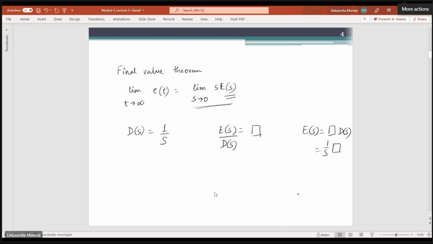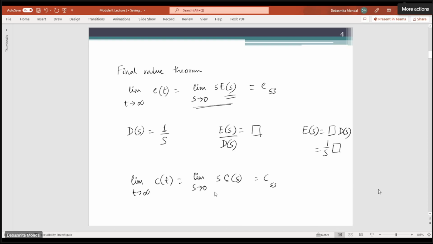This will give you the steady state value of the error. Now if you want to find the steady state value of the output, that will be limit t tends to infinity c of t, which you can write as limit s tends to 0, s into CS. This will give you the steady state value of the output.